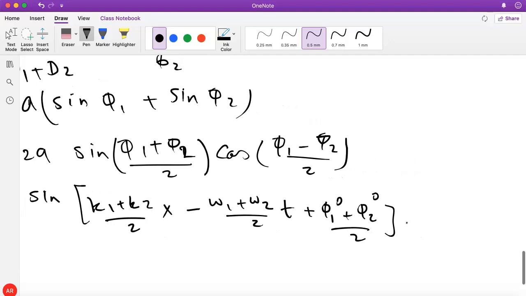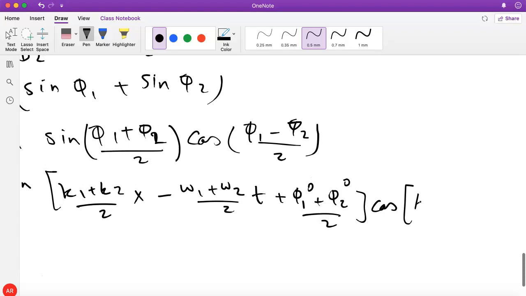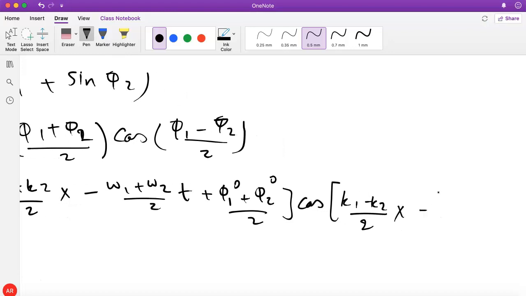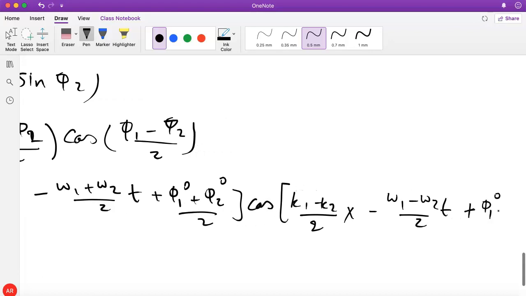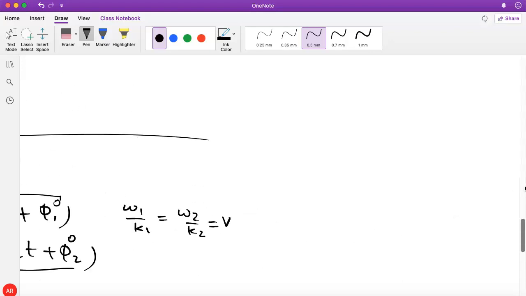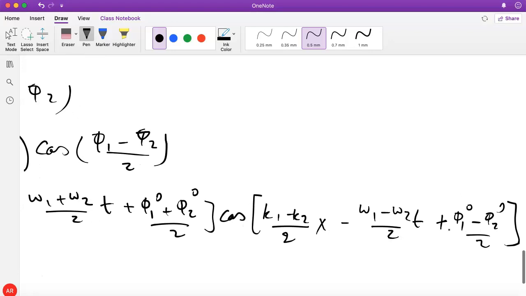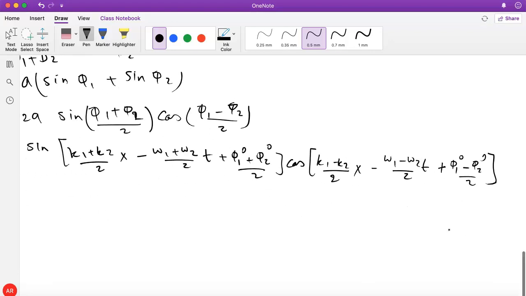And this multiplies cosine of (k1 minus k2)/2 times x, minus (omega 1 minus omega 2)/2 times t, plus (phi 1 naught minus phi 2 naught)/2. I'm going to make it a bit smaller so you can see the whole equation here.